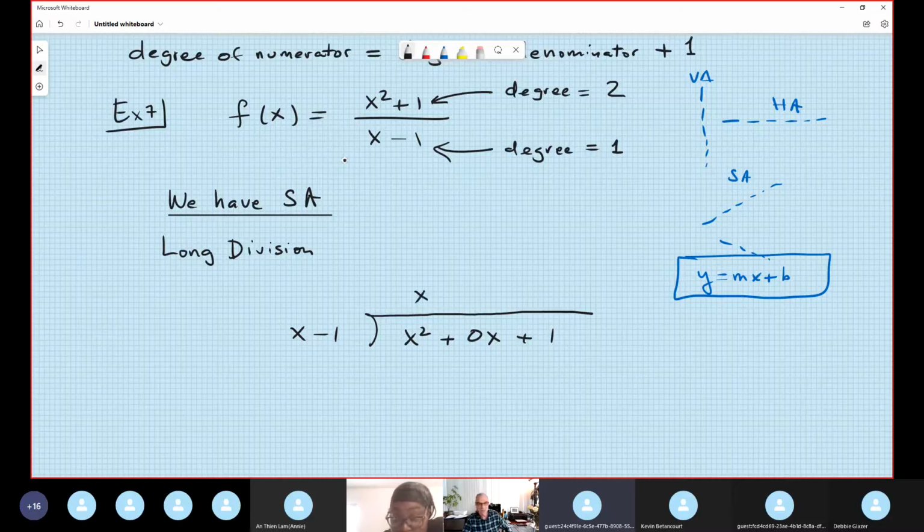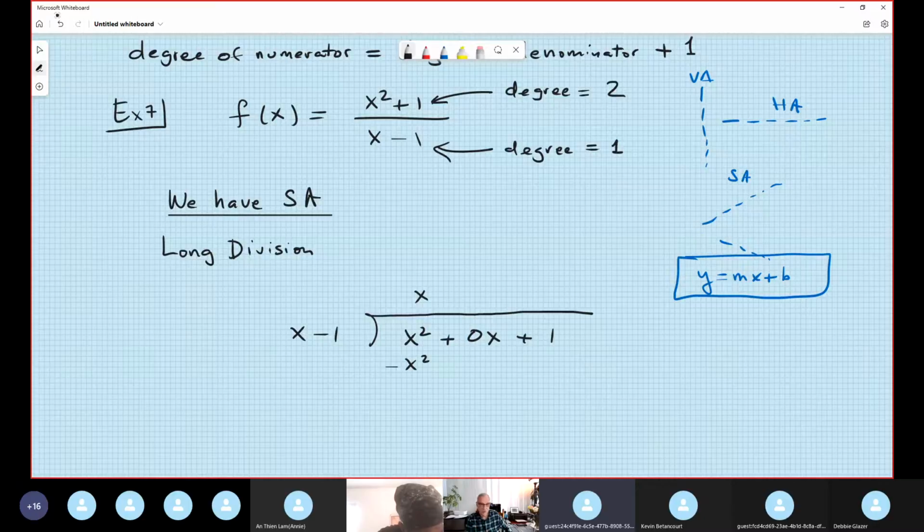This is x, because x times x is x squared. I'm subtracting. Division is an algorithm that is basically multiplication and subtraction, multiplication and subtraction, multiplication and subtraction.